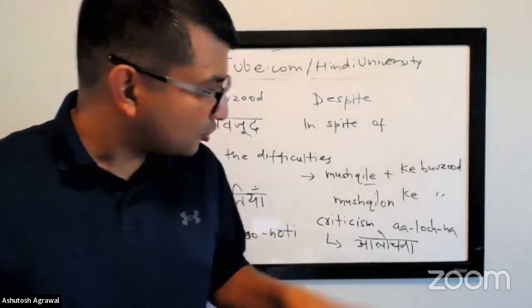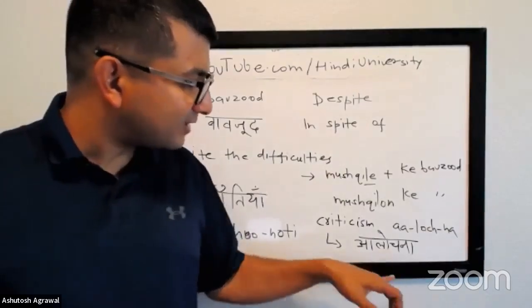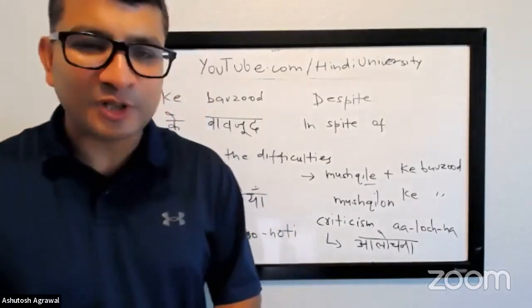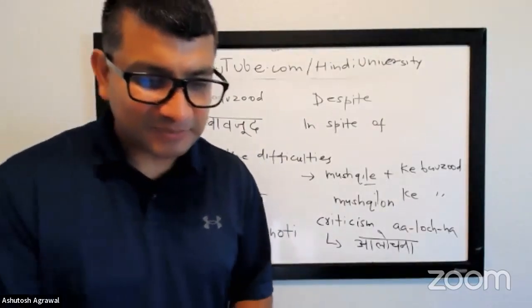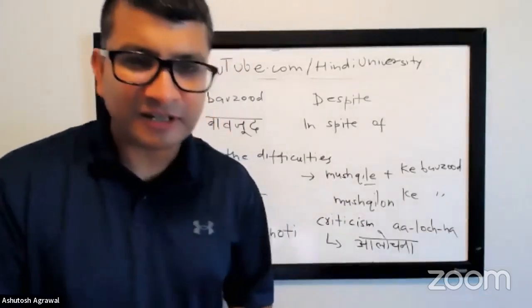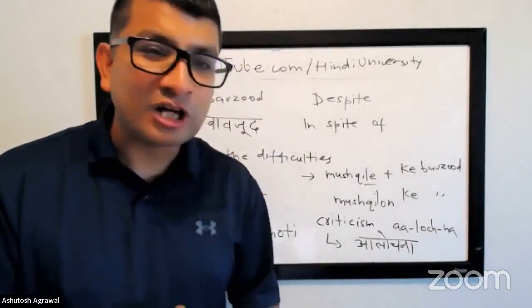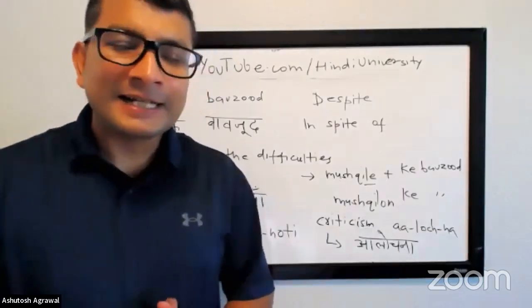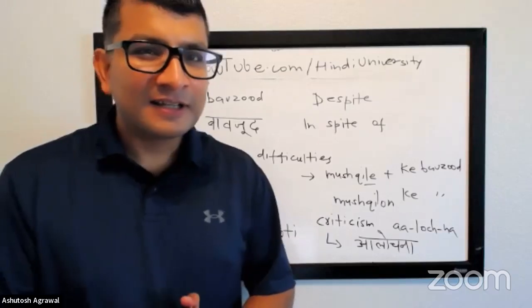Is that the same as Alochana? So Samiksha is more polished. Alochana is a real criticism. Samiksha is not necessarily criticism directly, right? It looks like it's more commentating and columnist. It's more like a critique, somebody critiquing. Right?